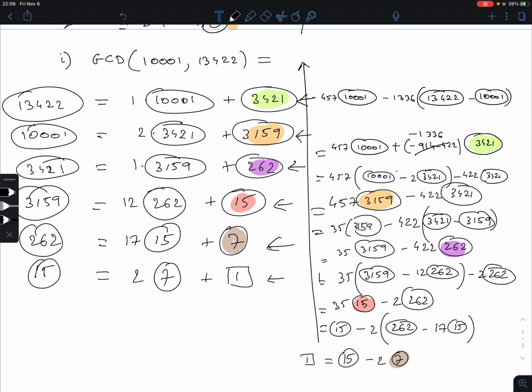If I now make the combinations, I have a 457 here and a minus 1336, so that is 1793 times 10,001 minus 1336 times 13,422.